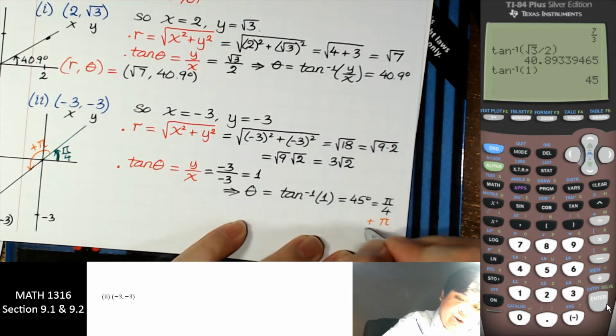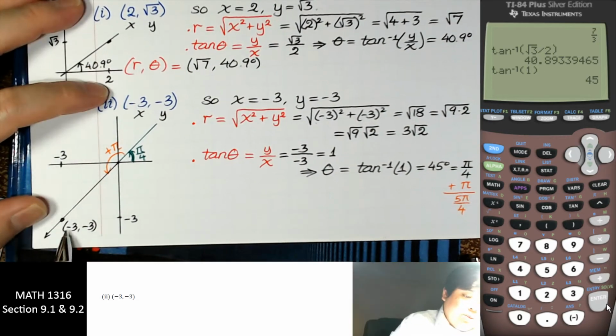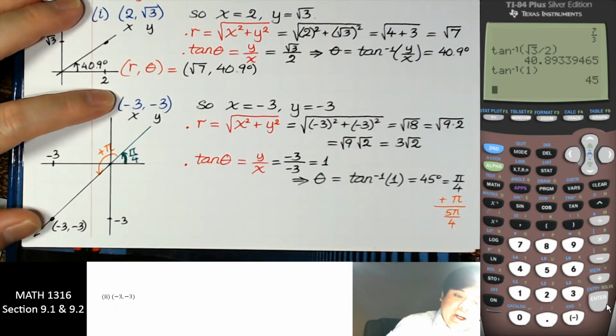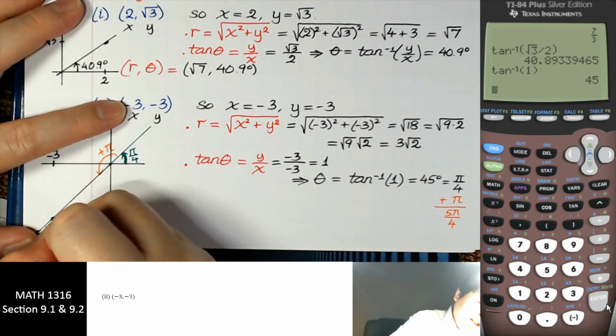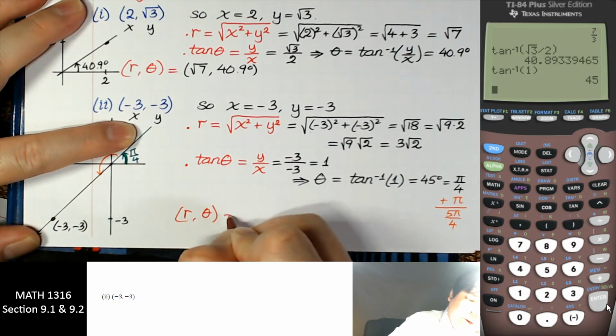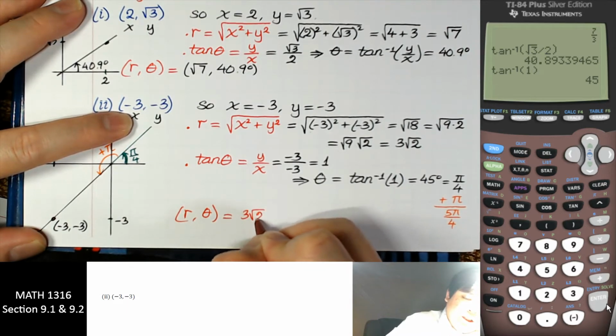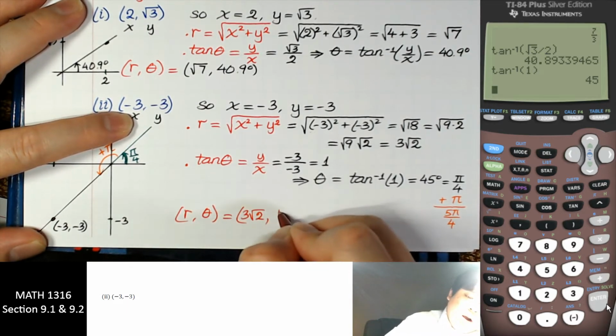So we have the right angle of 5 pi over 4. So the coordinate, instead of (-3, -3), we can write this one as (r, theta). The radius is equal to 3 square root of 2. The angle is 5 pi over 4.